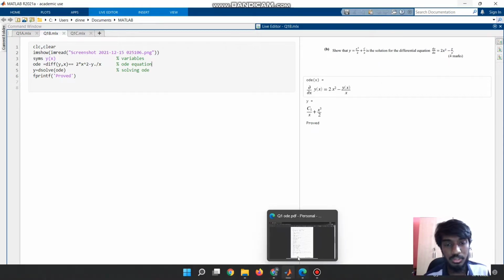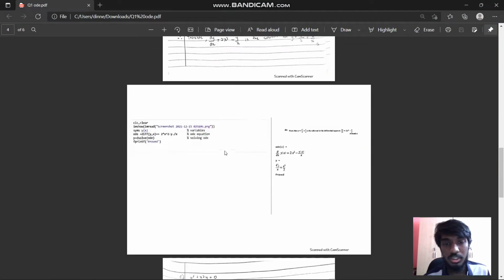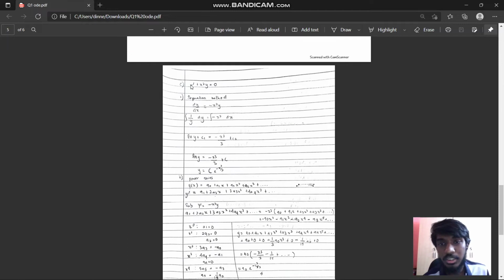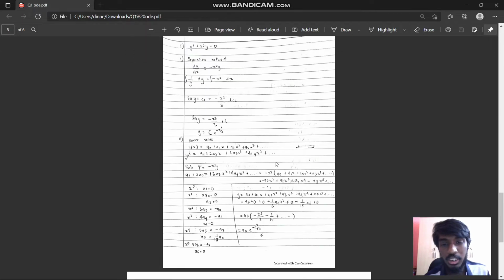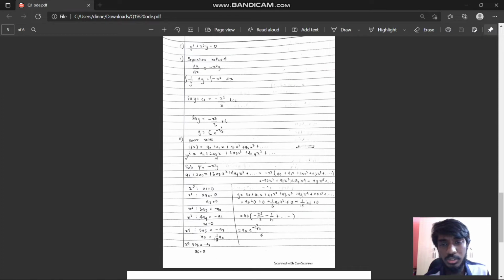So let's go for question 3. This is the proof in MATLAB. Question 3 asks us to use the separation method and power series. The answer I obtained in the separation method is y equals c e to the negative x cubed over 3.